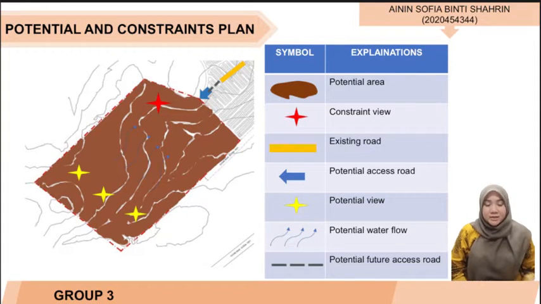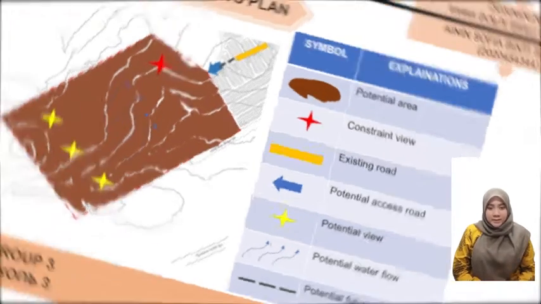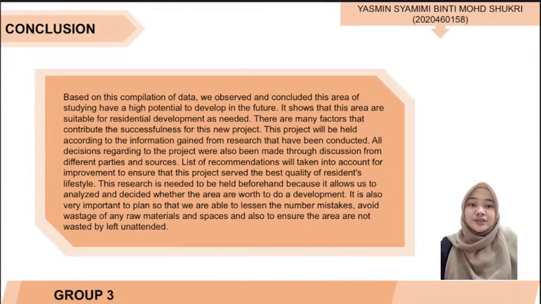This slide shows the potential and the constraint areas at the site. Based on this compilation of data, we observe and conclude this area of study has a high potential to develop in the future. It shows that this area is suitable for residential development as needed.